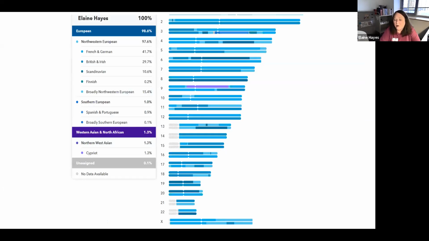They also give you a chromosome browser, which has all 23 of your chromosome pairs listed. And mine looks very blue because it's all European pretty much. And the Cypriot is the only purple little bit there. But you can find exactly where the different segments of DNA of different ethnicities are.